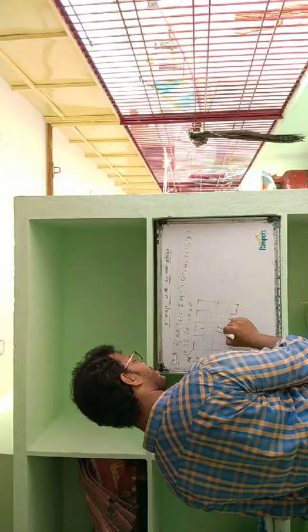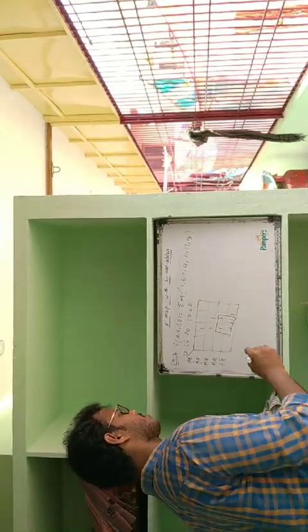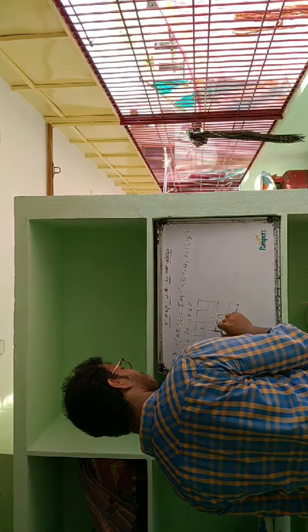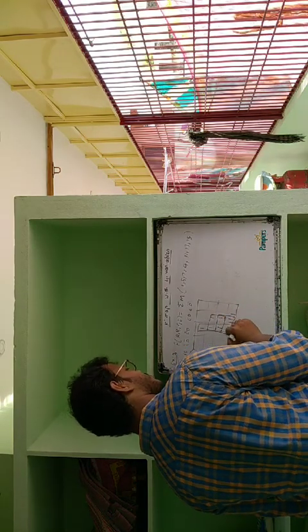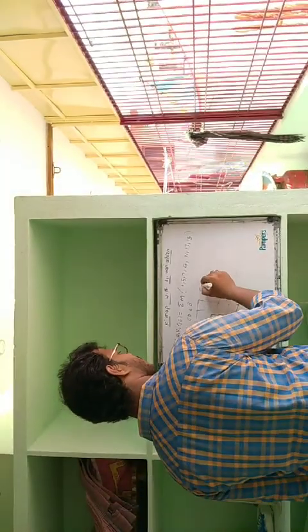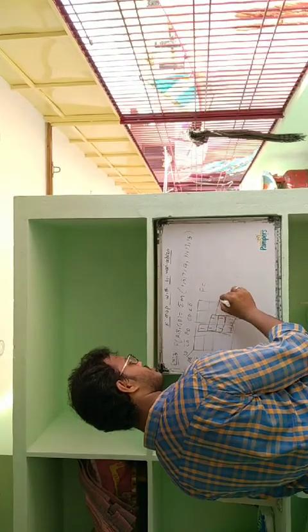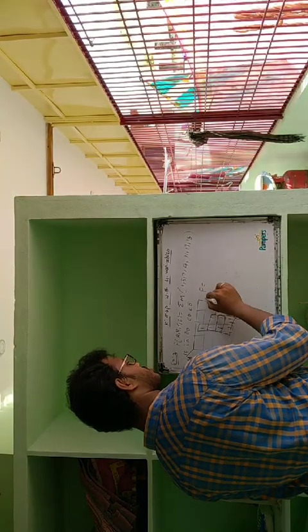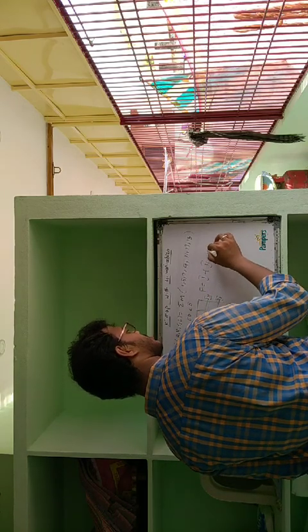You can make these 4 cells one group. You can make these 4 cells one group. You can make these four ones one group. So the function will be, this is 1, this is 2, this is 3, so 1 plus 2 plus 3.